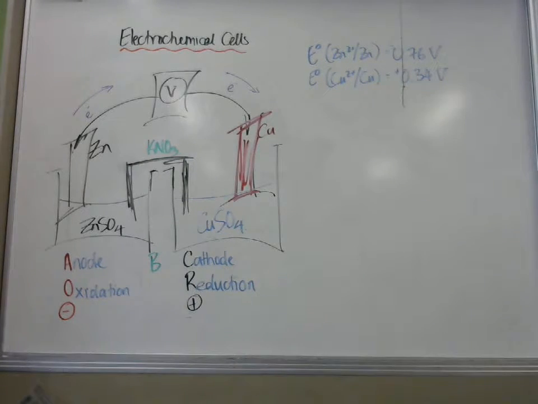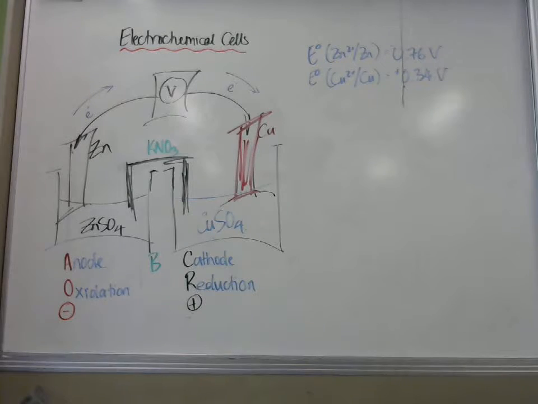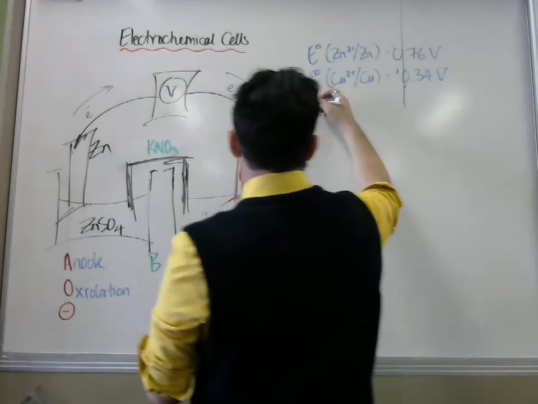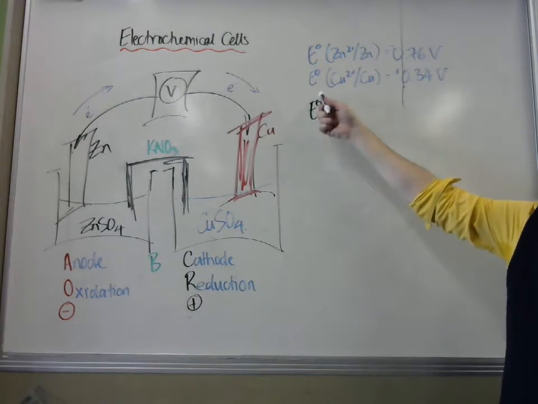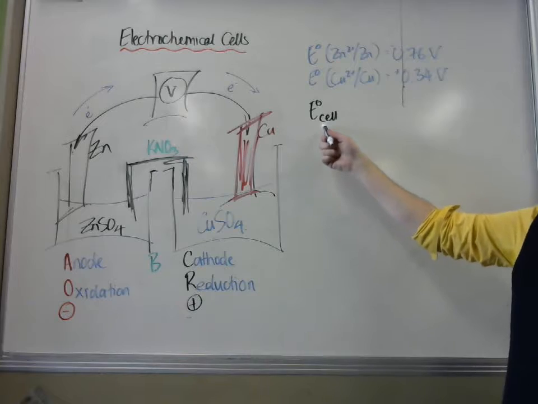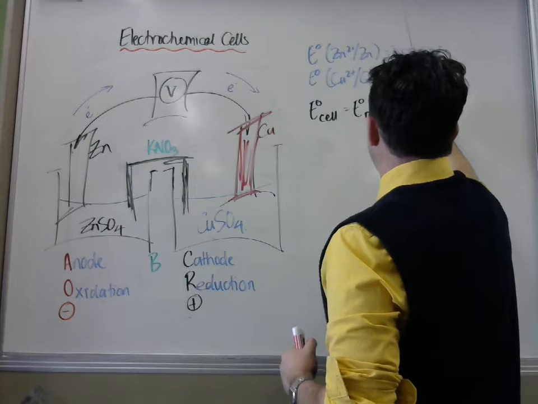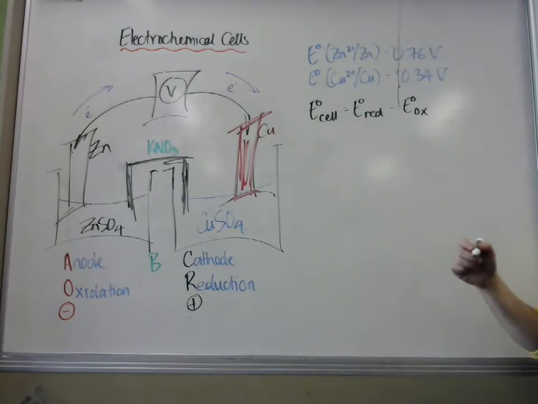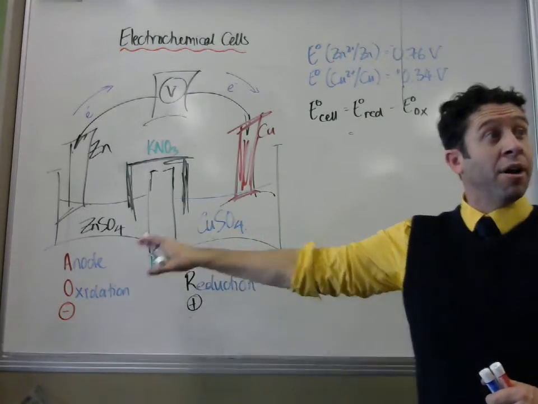Now, we can prove, of course, using electropotentials that this would be a spontaneous reaction. We saw it was because it created a voltage, about 1 volt, most of you got. Not exactly the value we'd expect, because if we look at the E value for the cell, so yesterday we were saying E, standard electropotential for the reaction, we're now calling it a cell, is the electropotential for reduction minus oxidation, which is right hand side minus left hand side, by the way.